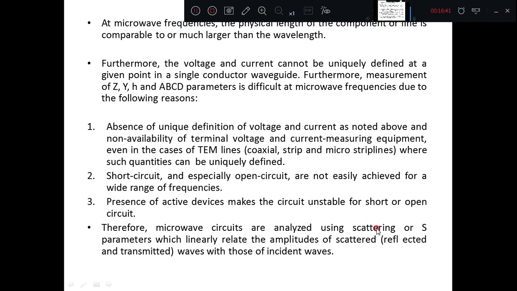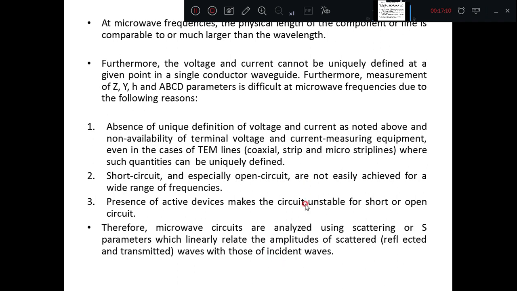S stands for what? The scattering parameters, which linearly relate the amplitude of the scattered waves. Scattered means it is reflected or transmitted at the output side, right? So the signal which is going outward is transmitted, and the wave or signal which is reflecting inward from the port is the reflected wave, related to the incident waves, right?